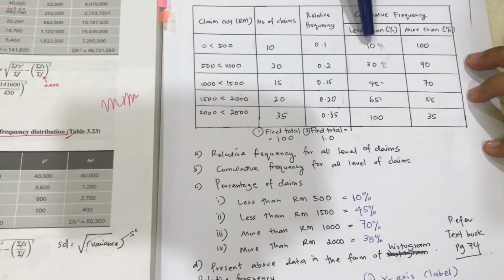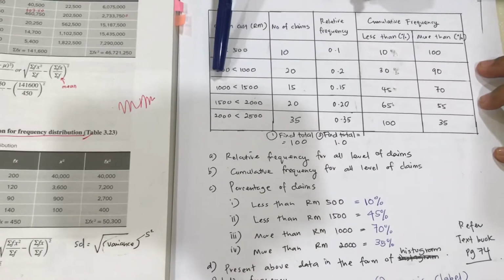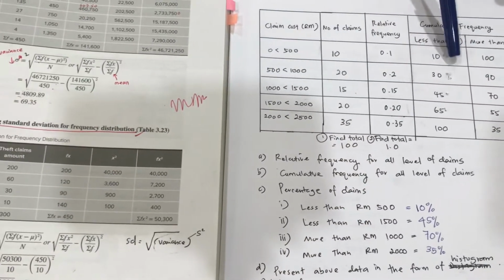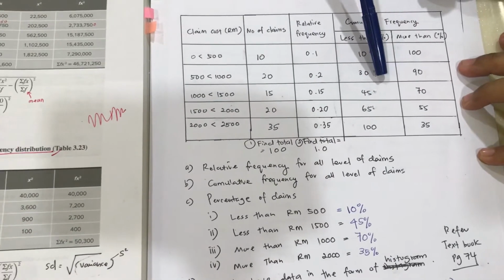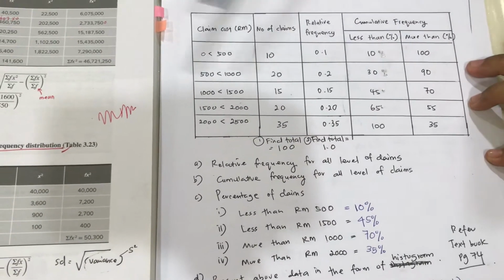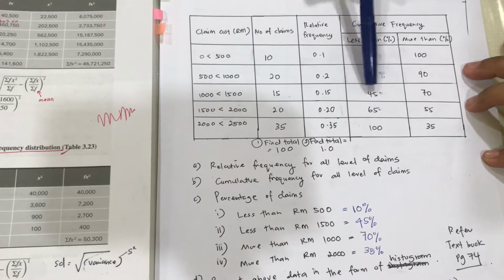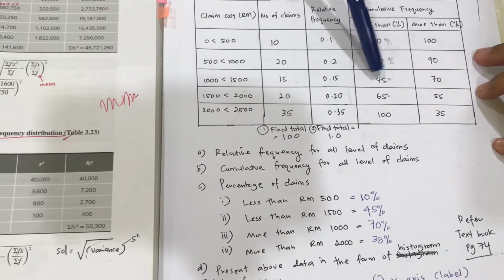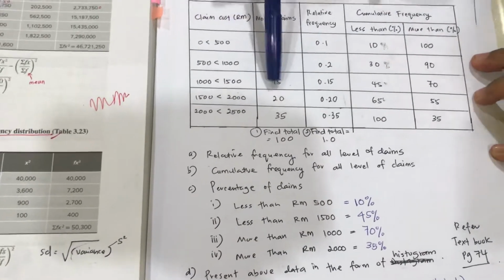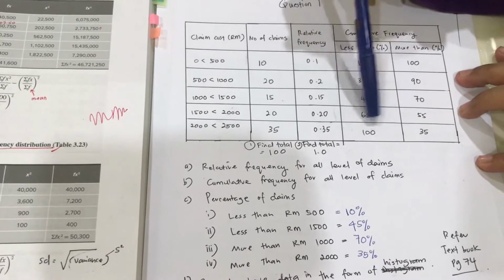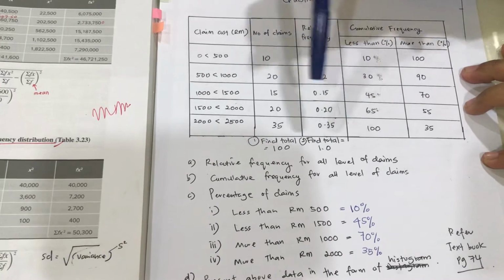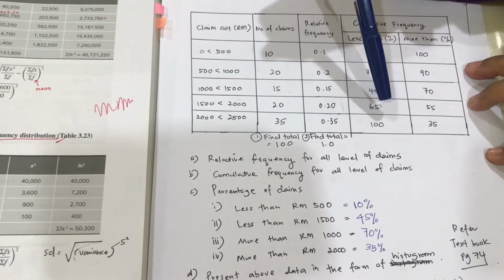For 500 to 1000 you add 10 with 20 and get 30. So the cumulative less than 1000 is 30. Then 30 plus 15 gives 45, 45 plus 20 gives 65, and the last one, 35 plus 65, gives 100.